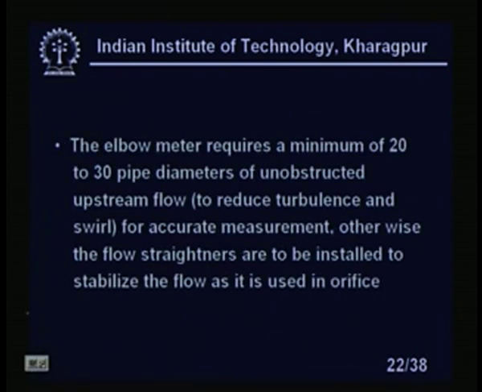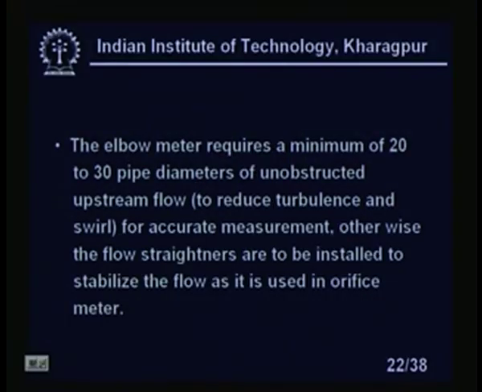The anemometer again has restrictions, the upstream flow restrictions and the downstream flow restrictions, that means obstructions, any pipe bending. That restriction is there, which we had previously in the case of orifice and venturi. The anemometer requires a minimum of 20 to 30 pipe diameters of unobstructed upstream flow to reduce the turbulence and swirl for accurate measurement.